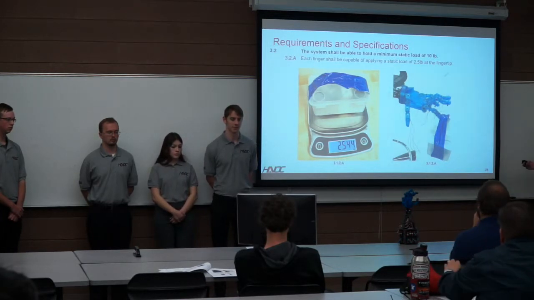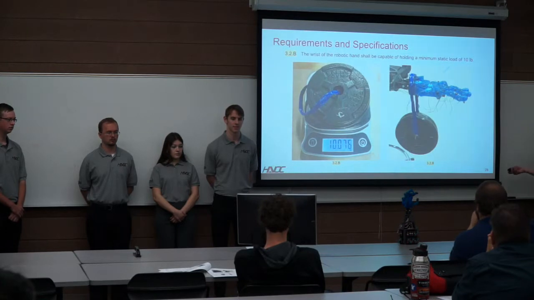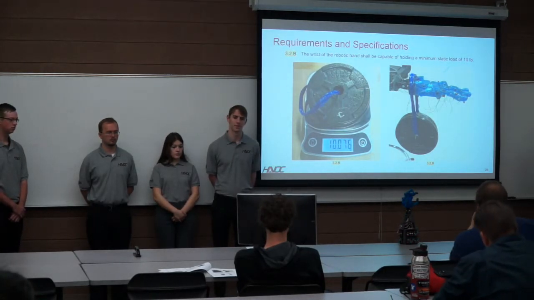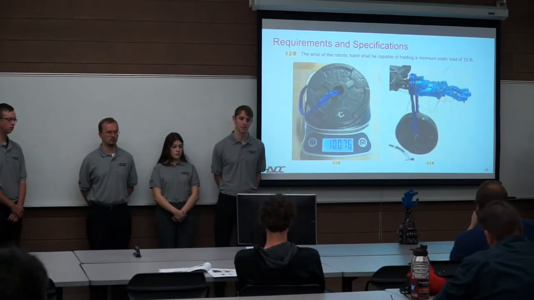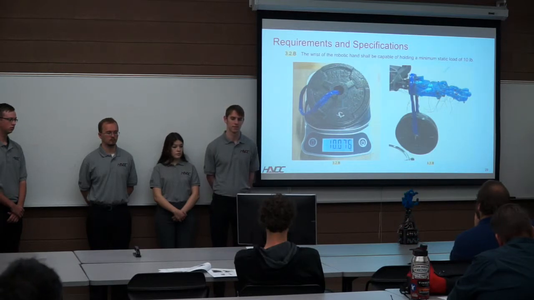As you can see from the images here, we were able to meet that specification. And on the next slide, we have our wrist holding a combined 10 pounds from two 5-pound weights that were in the robotics lab. And as you can see, it is able to hold it without failure.